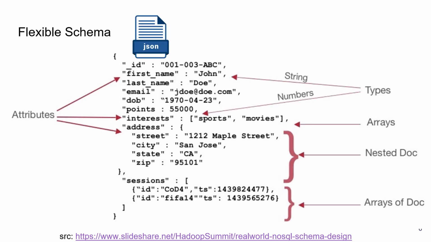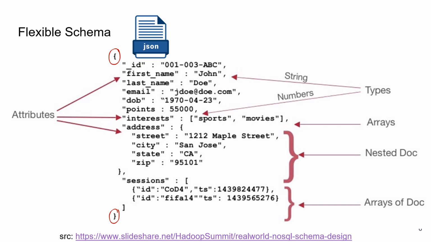From the previous example, this document structure follows JSON syntax. A document has this syntax: we encode the data within curly braces, and inside you can have several attributes to encode the data that you want. Let me highlight the attributes.